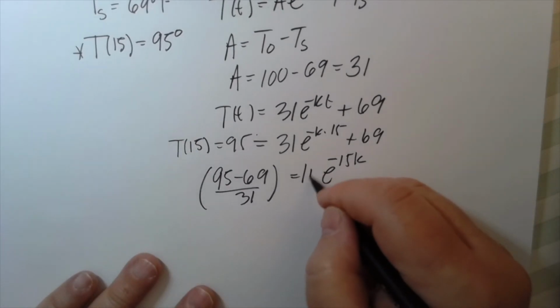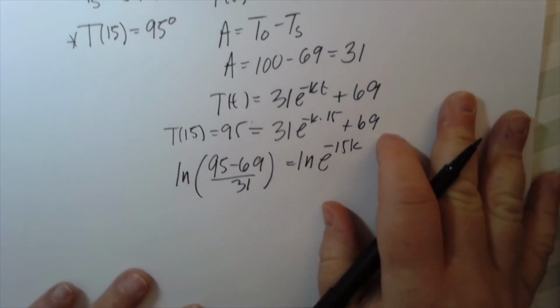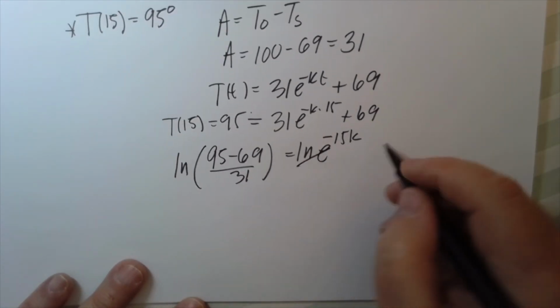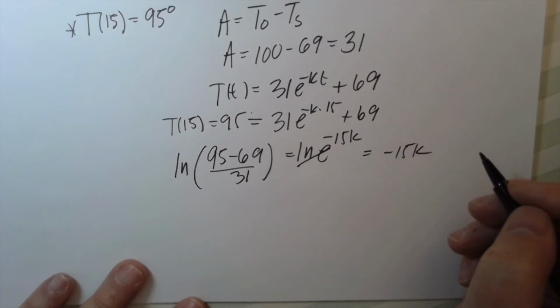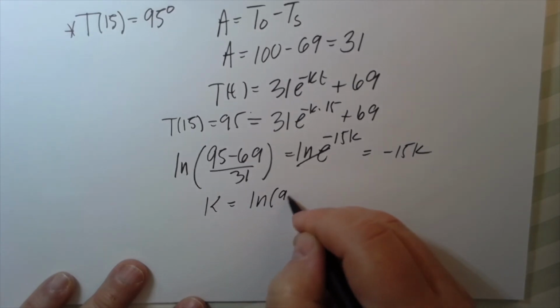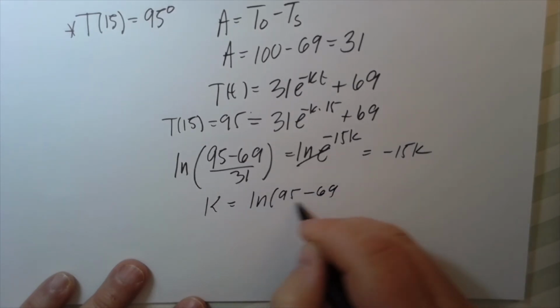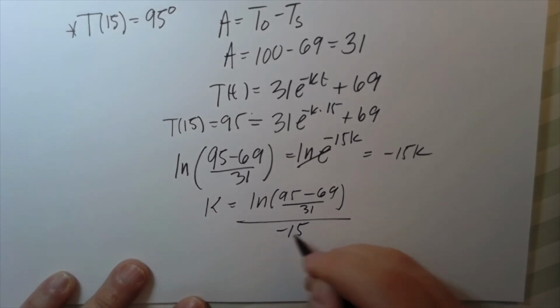Alright. Take the natural log of both sides. I could figure this out, but I'm going to make the calculator do it anyway. And then those are inverses, so then I can just write it as minus 15k. Divide the 15 over, so I get k is equal to the ln of 95 minus 69 all over 31, divided by negative 15.